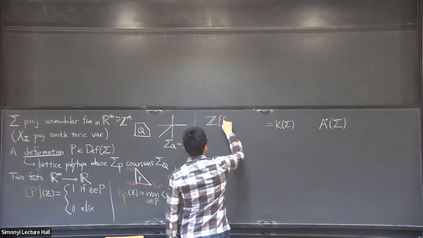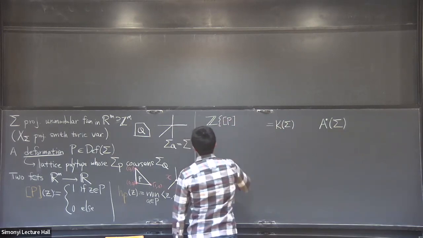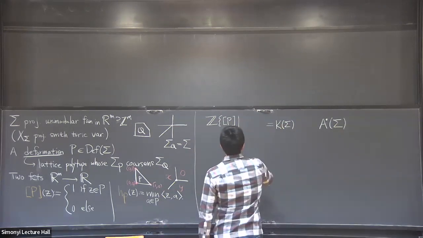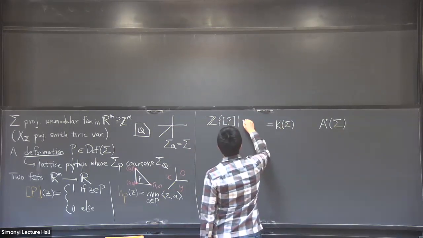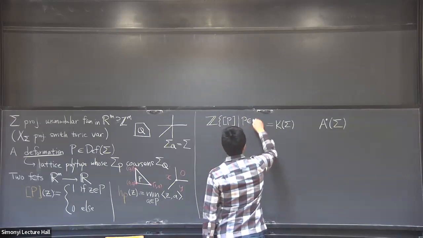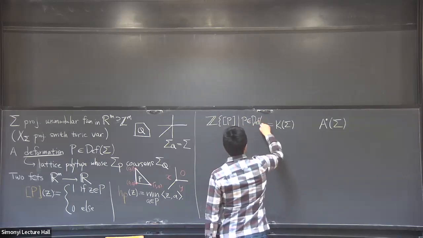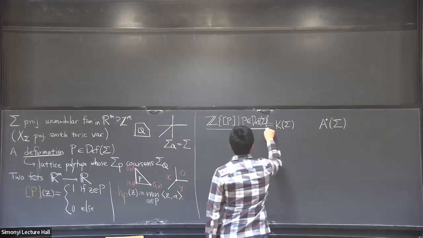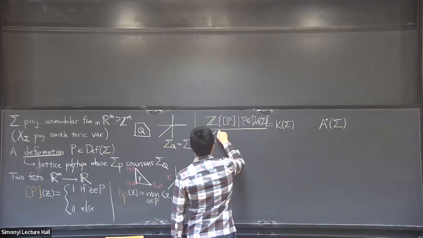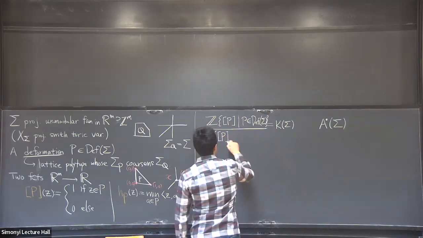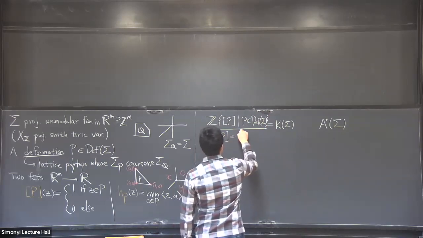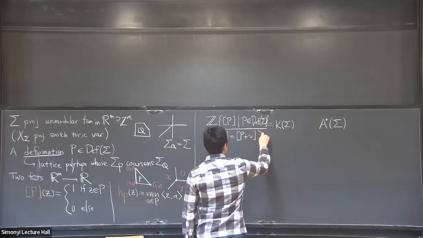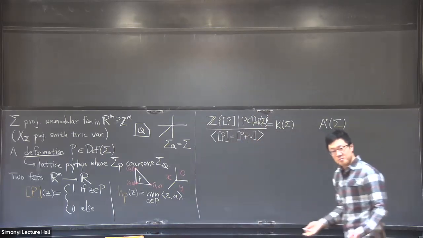You take the subgroup of functions with values in, let's say, integers, given by indicator functions of deformations, modulo the relation that if I translate my polytope or deformation by an integral vector, it's the same.